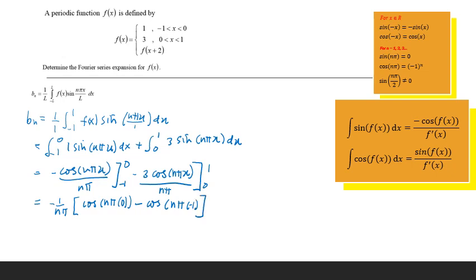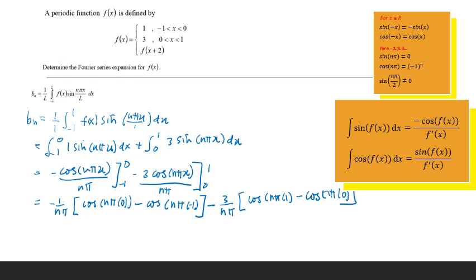Plus, oh sorry, minus, because we have a minus term. So bring out 3 over n pi first, so inside we have cos n pi 1 minus cos n pi 0.